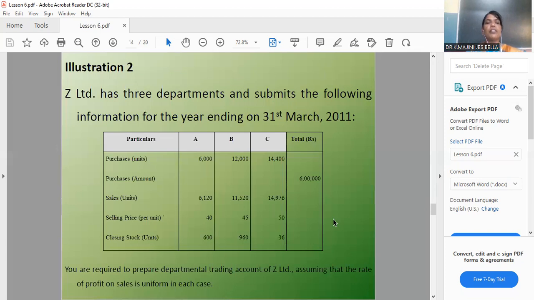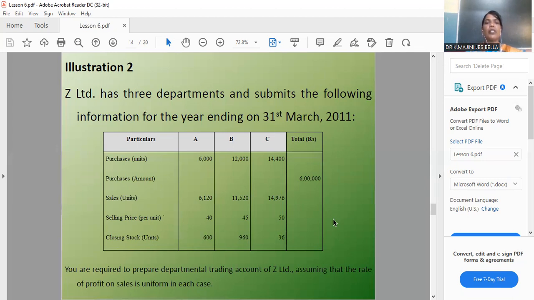Illustration 2. I just wanted to read the question first. Z Limited has 3 departments and submits the following information for the year ending on 31st March 2011. Particulars: Department A, Department B, and Department C. Total column is also there.